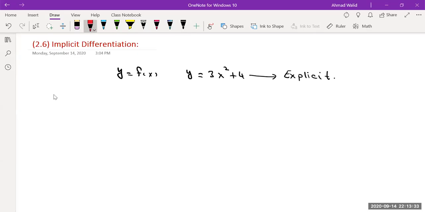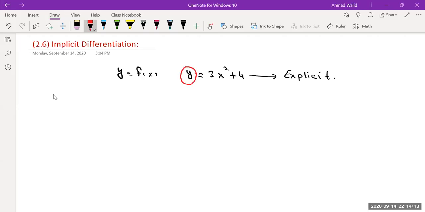Because on the left side, focus, you have y, not y squared, not y cubed, only y. Y equals something, and easily you can solve this equation. Or even, because right now we are talking about derivatives, you can take the derivative and find the derivative of this function easily. This type of equation, where you have only y on one side and x on the other side, we call explicit.